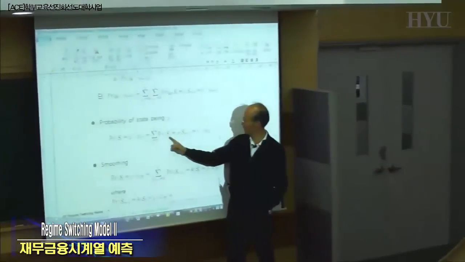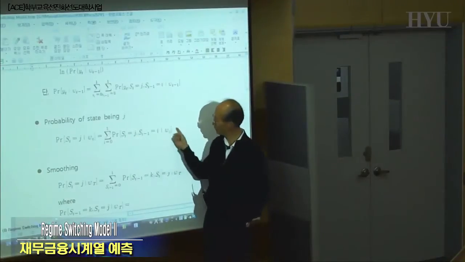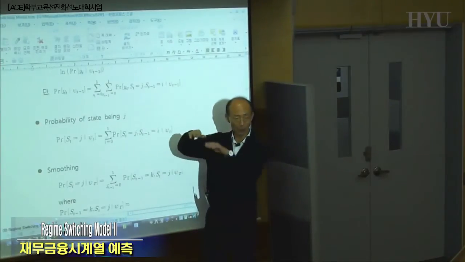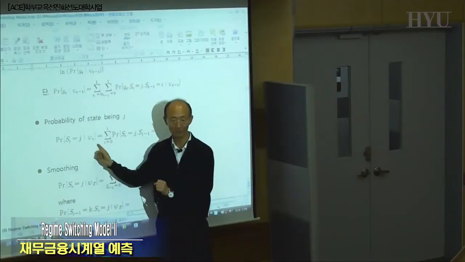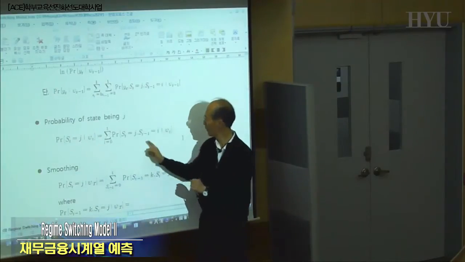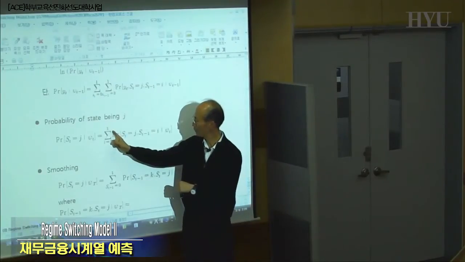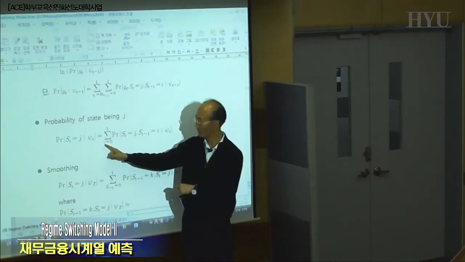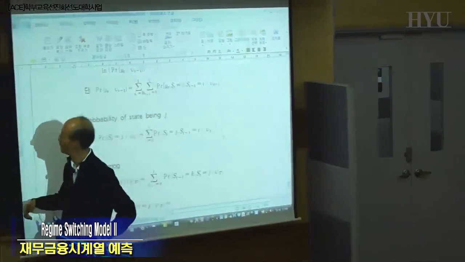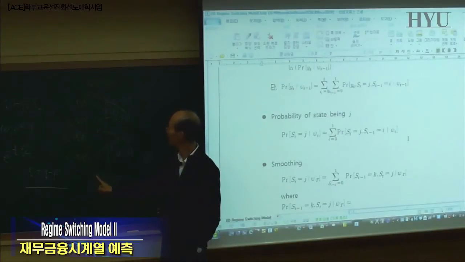When you have this probability, we have 4 possibilities, so 4 probabilities. You are interested in calculating this number. When we write this summation sign from 0 to 1 for i, what is the probability at time t of the state being 1?